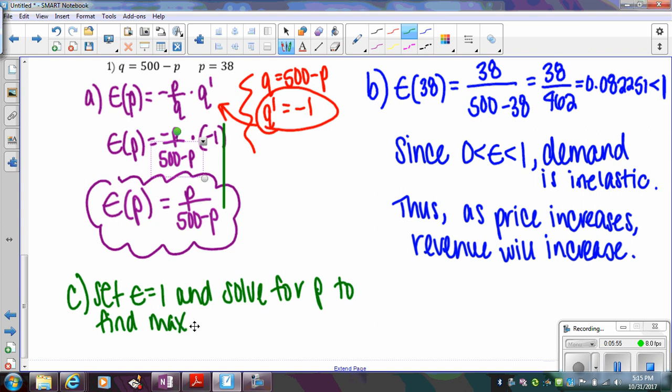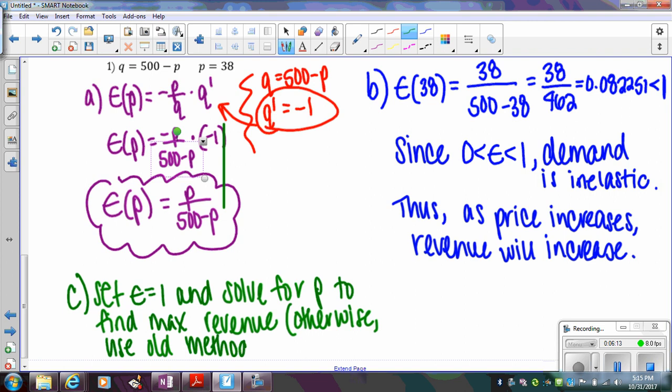But I'm going to also say we could otherwise use the old method with the revenue function and find critical values.